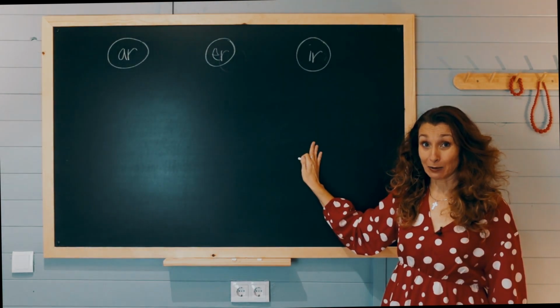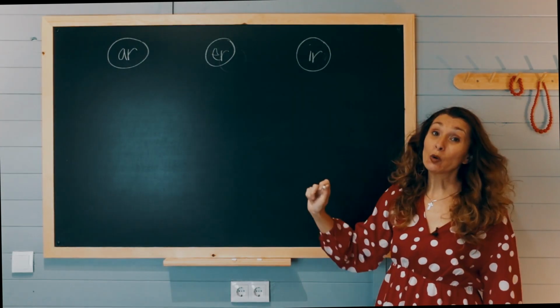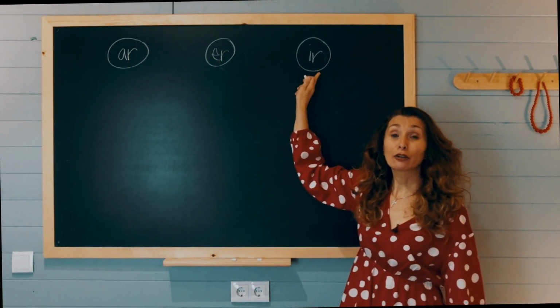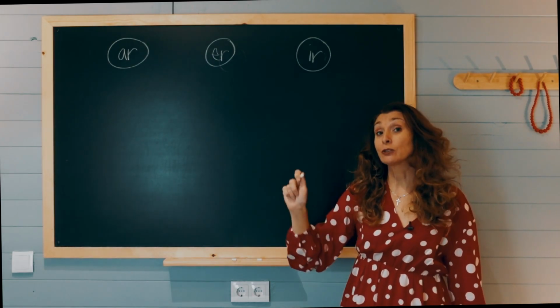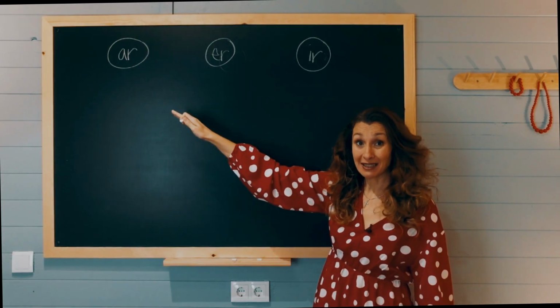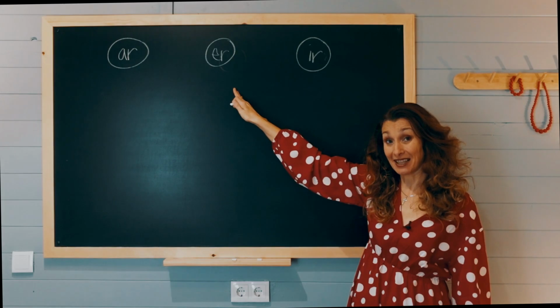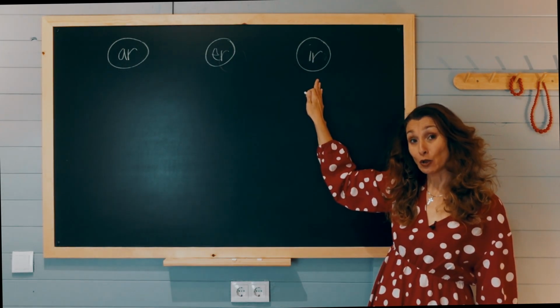When we talk about rules, what we do is we always tell you what happens with these three endings once we get rid of them. Okay, so the first thing is to get rid of this ar ending in the first conjugation, er ending in the second conjugation, and ir ending in the third conjugation.